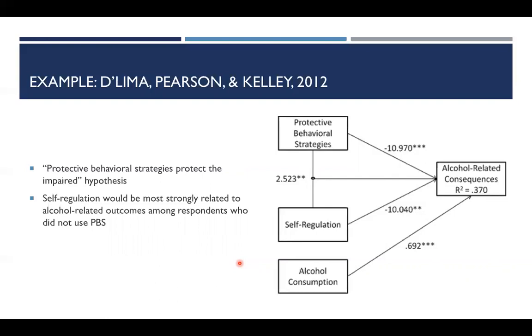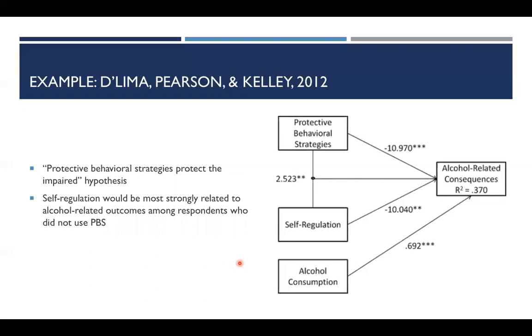If you are someone who doesn't use protective behavioral strategies as well, then the fact that you have higher self-regulation is gonna kick in, is gonna protect you from the negative alcohol-related consequences. So here's the case. It's not that the protective behavioral strategies are explaining why self-regulation is related to your alcohol-related consequences.